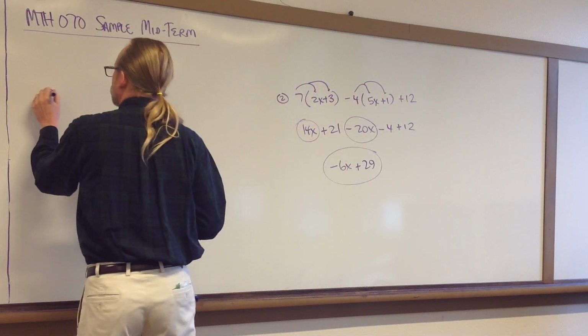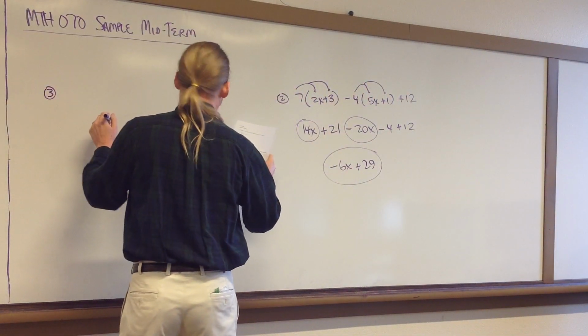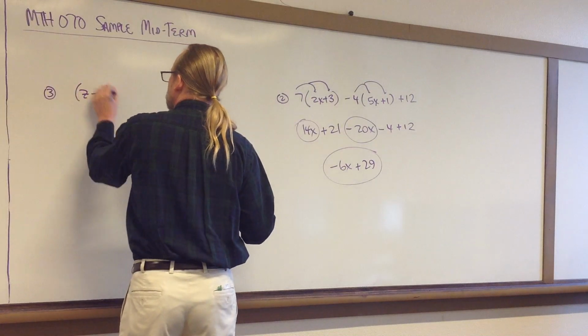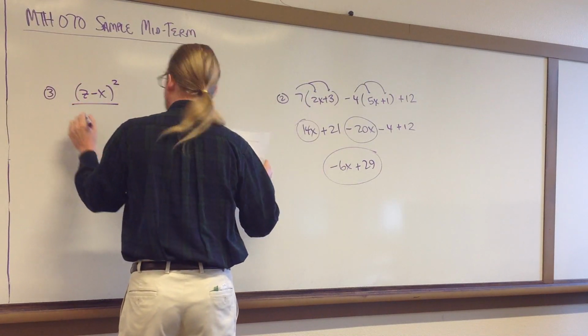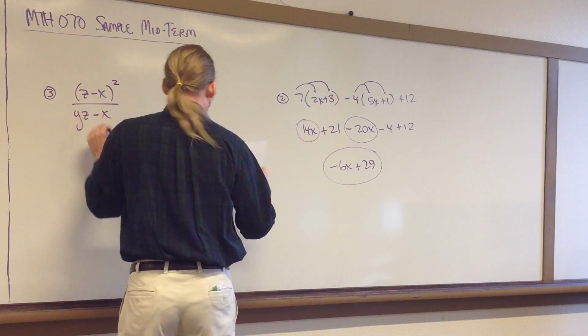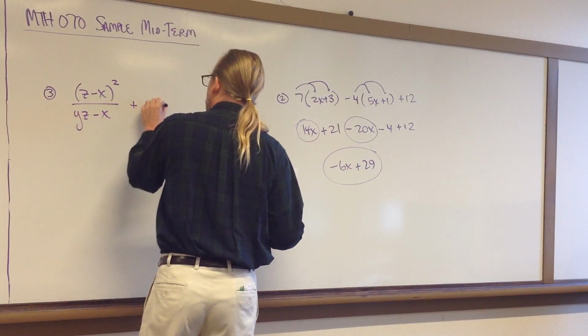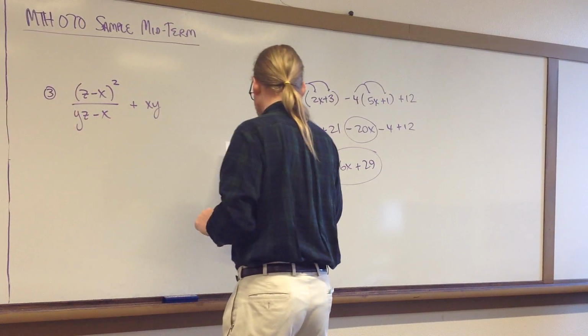So problem 3 says, let's see, we've got z minus x all squared, and then yz minus x on the bottom, and plus xy on the side there.